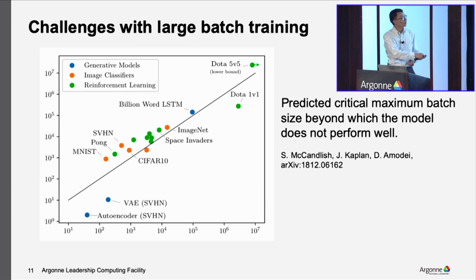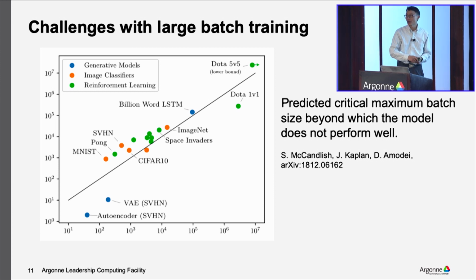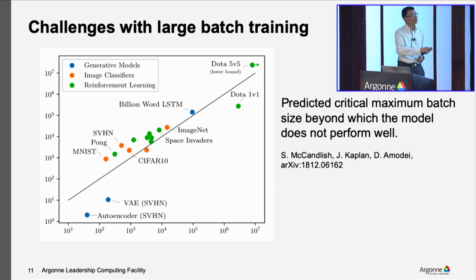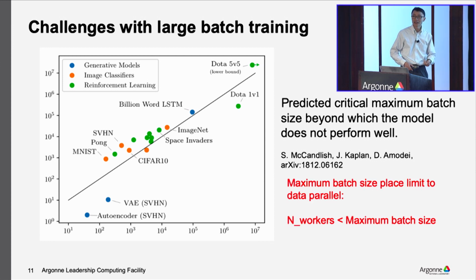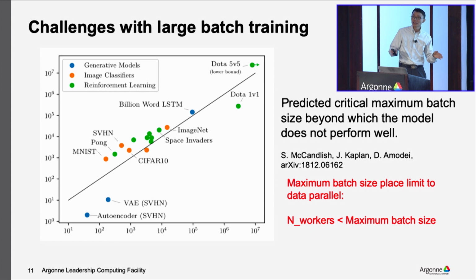And people also have an estimation of, for different neural nets and different data sets, what is the maximum batch size that you can use so that it won't degrade your training accuracy. Just a simple comment is that the maximum batch size basically sets a limit for the data parallelization, because the number of workers should be smaller than the batch size, right?